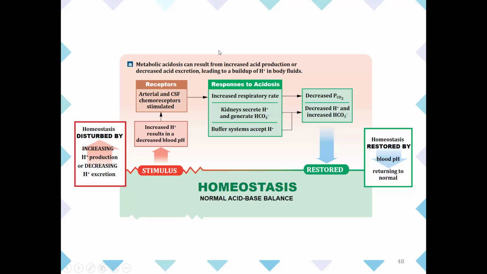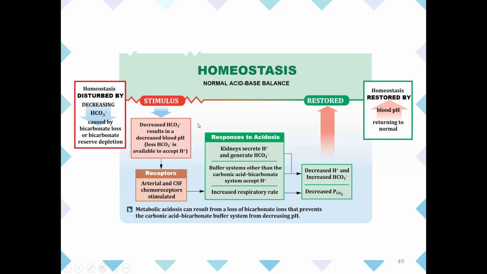Metabolic acidosis can result from either increased acid production or decreased acid excretion. Here we can just increase the respiratory rate and blow off the excess CO2 to bring the blood pH back down to normal. Here we end up having decreased bicarbonate, due to bicarbonate loss, that can be excessive diarrhea.